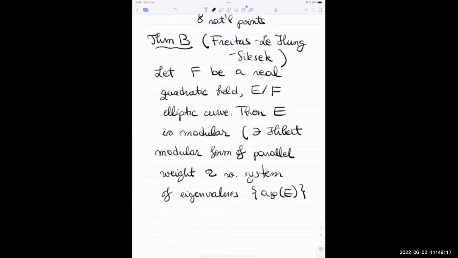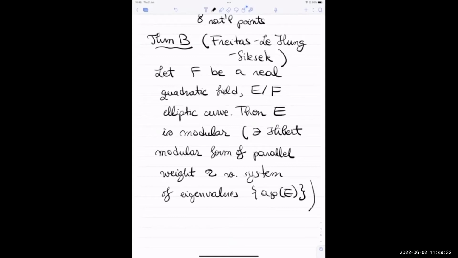So for each prime of F, you can consider this kind of quantity, a_P(E). Right, so this is what modularity means for the purposes of this talk.